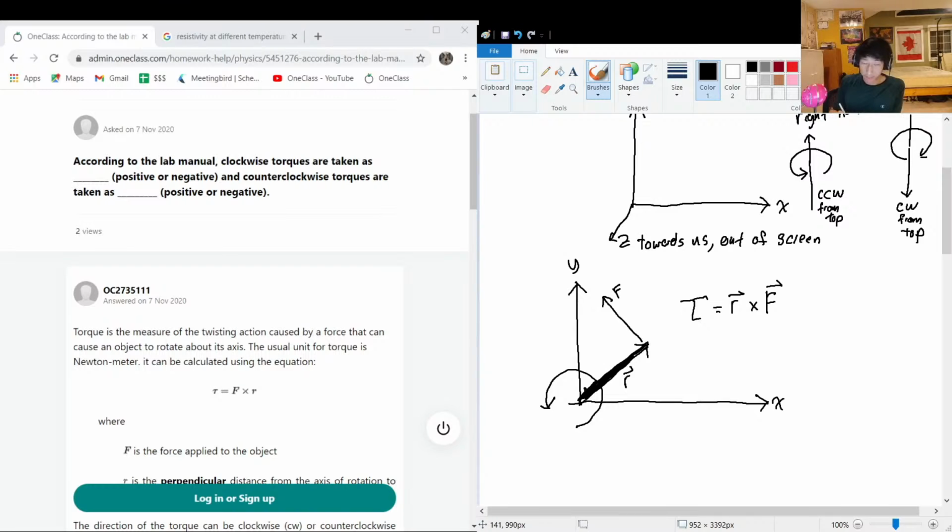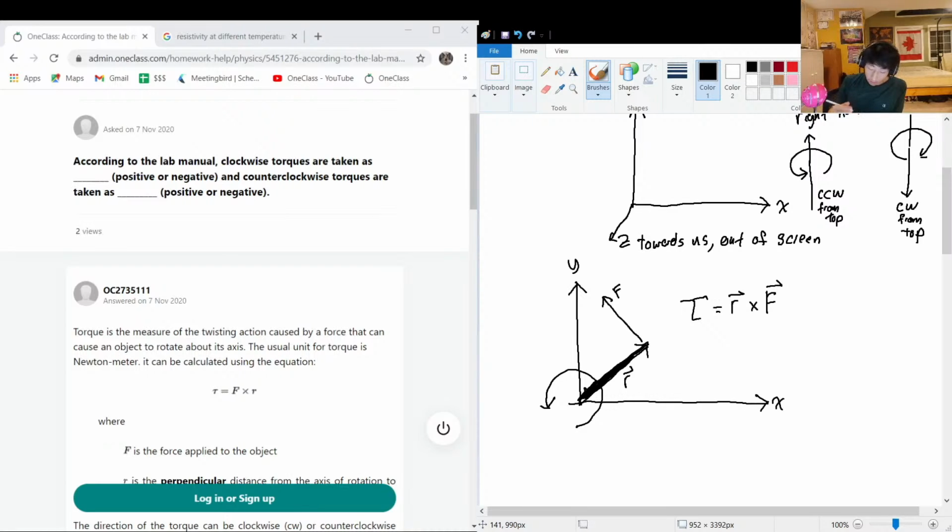Because of that, we're going to use the right hand rule. Our fingertips are following the arrow, and you can see as we're trying to push it counterclockwise, our thumb is pointing in the positive Z direction.